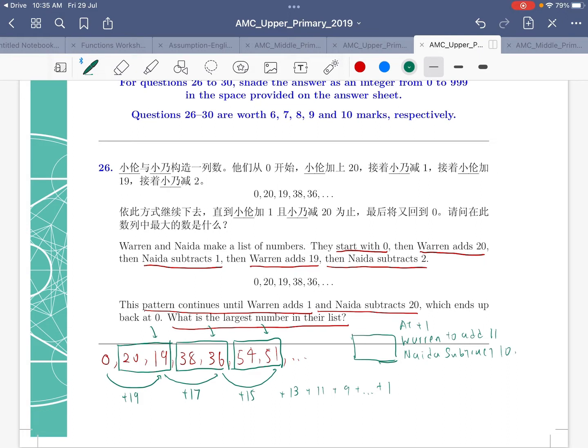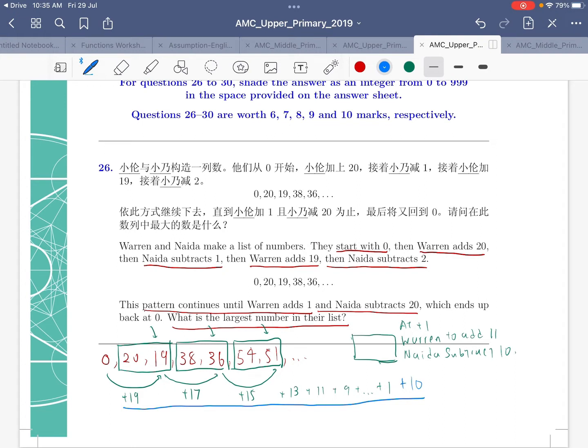But remember, after Warren adds 11 and Naida subtracts 10, Warren will begin again and add another number. The next number is going to be a 10, because after Warren adds 11, he'll add 10 next. So this would be the largest number.